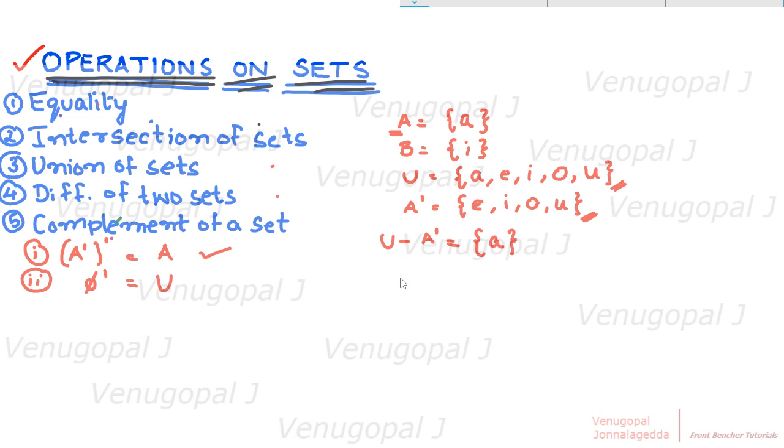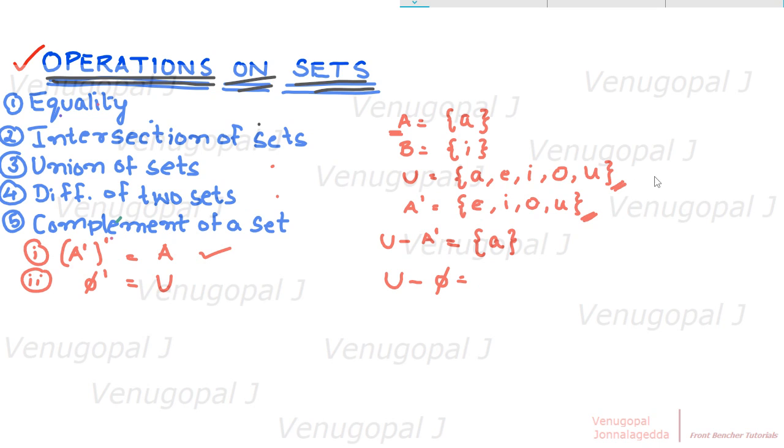I need to see what phi complement is. Phi is what? It's an empty set, right? So when I say phi complement, I am subtracting an empty set from a universal set. Every set, you remember, has an empty set. So a universal set will also have an empty set.